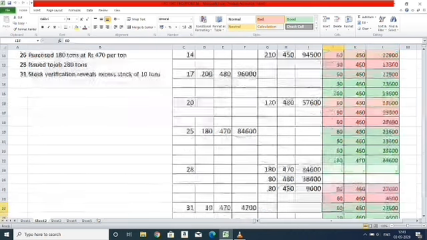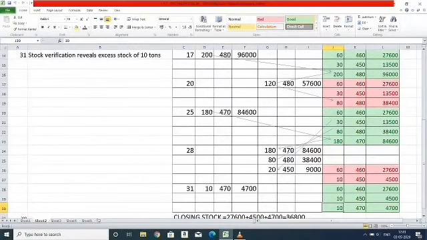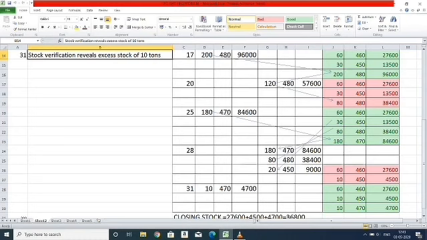Then on 31st January, stock verification reveals excess stock of 10 tons. We consider that excess stock in our receipt column. 10 tons, we consider it at the rate of our last purchase, 470. Last purchase 180, so 470 is the rate. Then 10 into 470, 4,700. Along with this 60 ton and this 10 ton, we add the stock verification excess 10 ton.